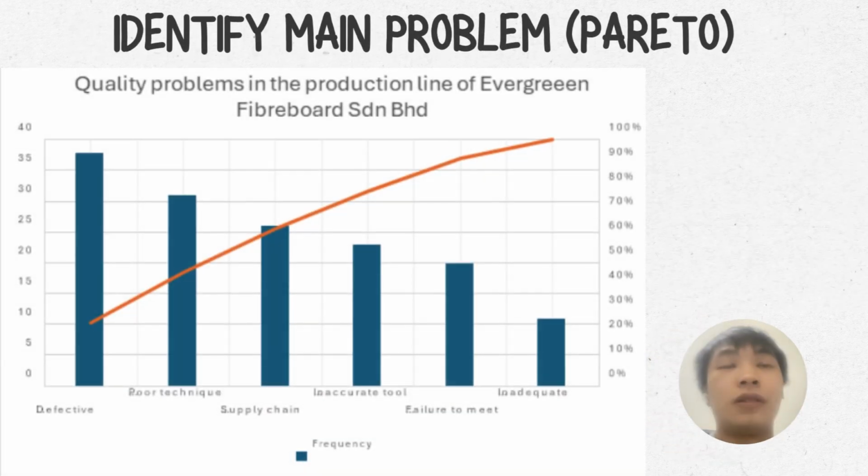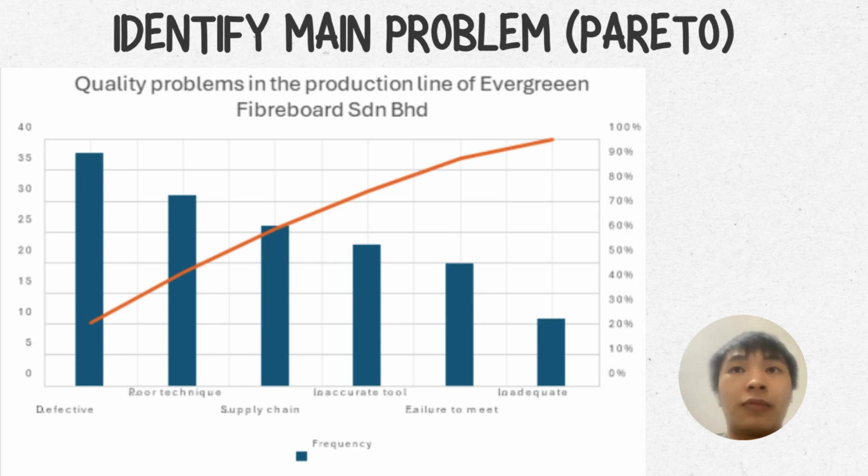So I will continue to present this part, which is identifying the main problem with the Pareto chart. The Pareto diagram is to identify the problems and make improvements on the main problem.